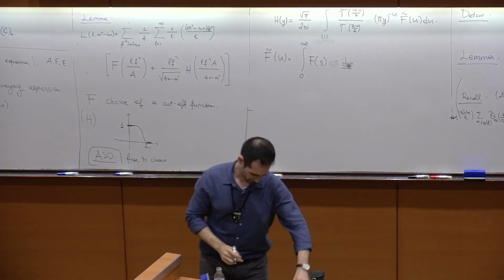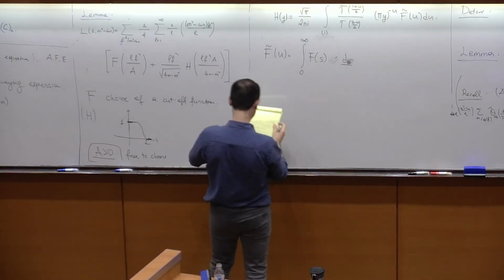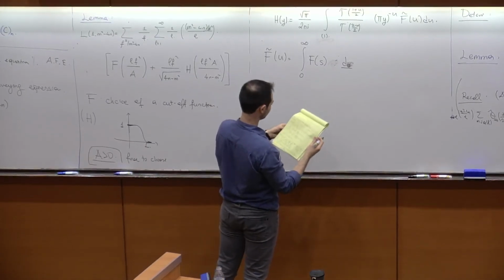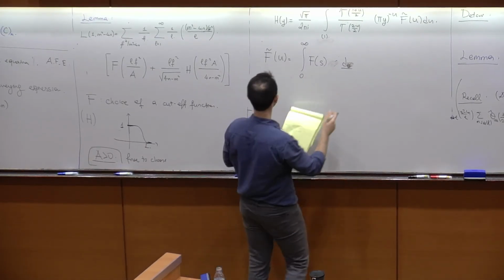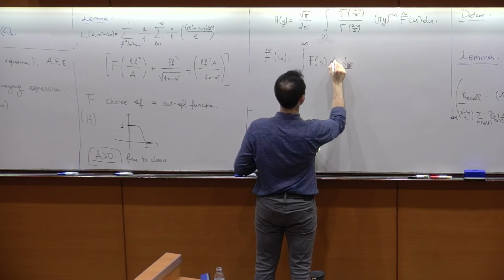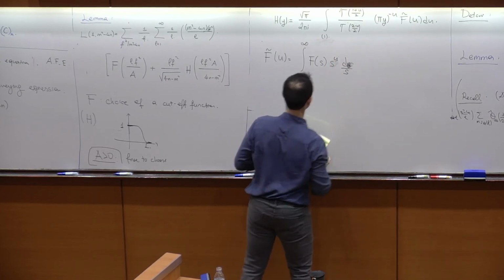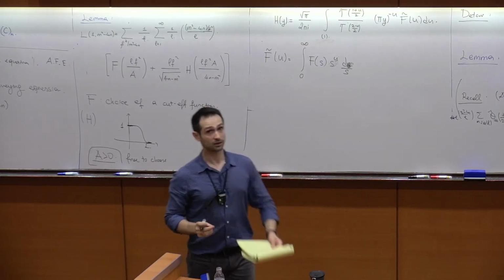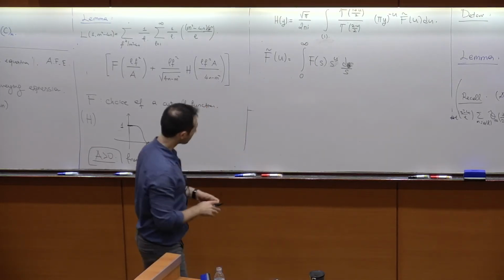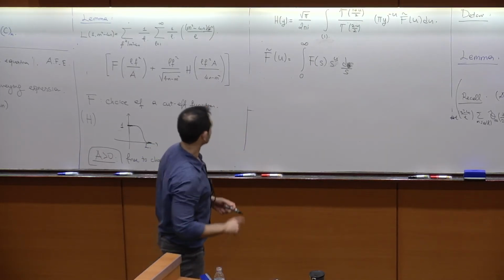Which way does the Mellin transform go again? I must have written it up. Oh, this is s to the u, I think, right? ds by s. Is that correct? I think so. It seems correct. Okay, good. So this is the Mellin transform.